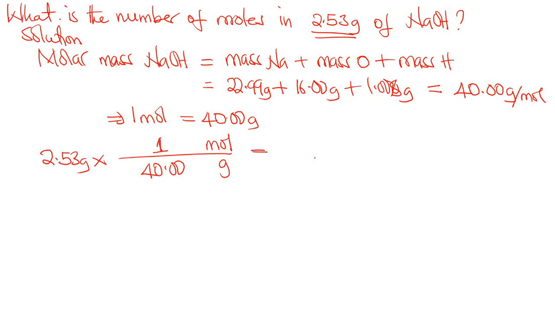So for this one, the answer is 0.0633 mole. So this one is given to 3 significant figures because the question here also has 3 significant figures. So those are the problems that we can solve, from moles to mass, from mass to moles.